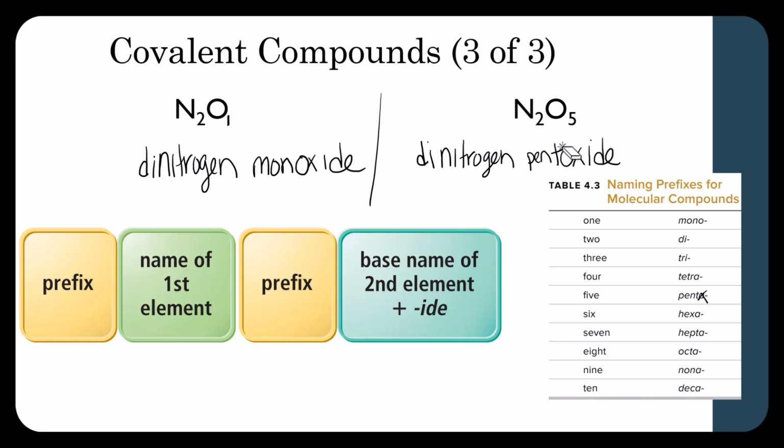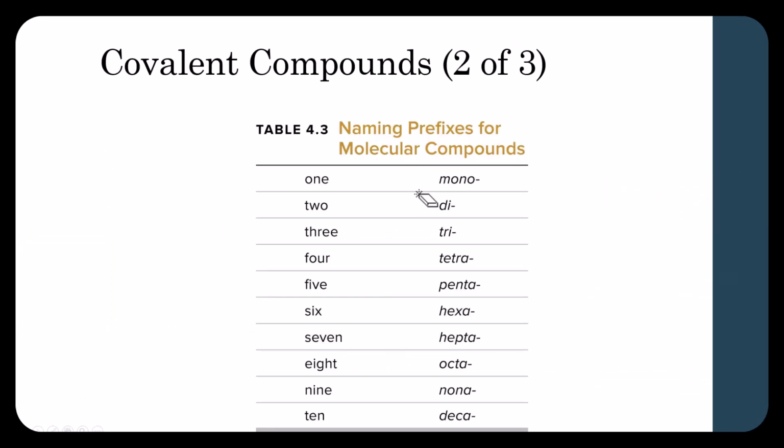There's one more exception to the rule that I want to talk about. The first exception was that extra vowel, pentaoxide versus pentoxide. The second exception to the rule is something that you're actually already familiar with. Let me get a blank slide here. We'll do it on this slide right here. I want you to think about the name of this compound.